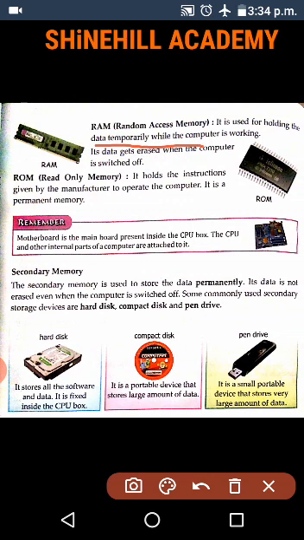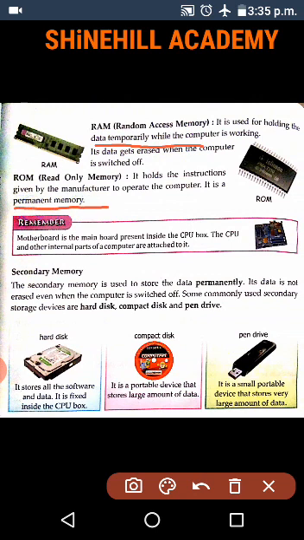ROM means read only memory. It holds the instructions given by the manufacturer to operate the computer. It is a permanent memory. So RAM is a temporary memory, ROM is a permanent memory.